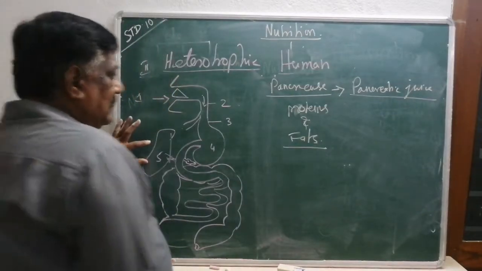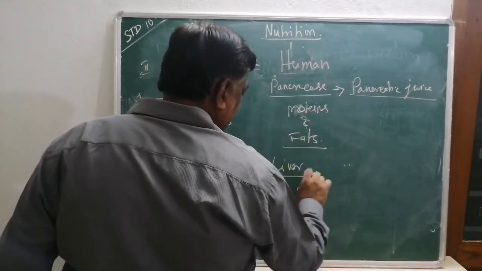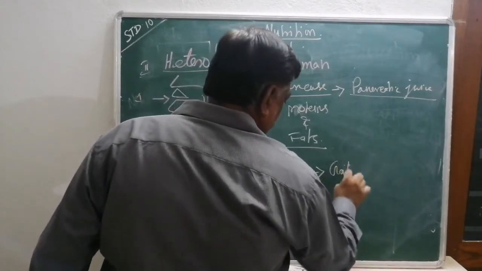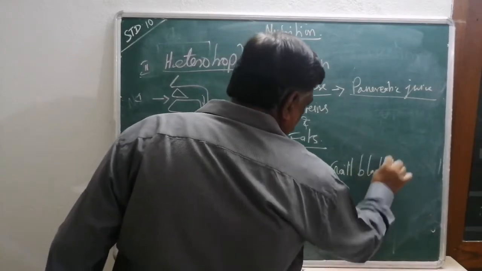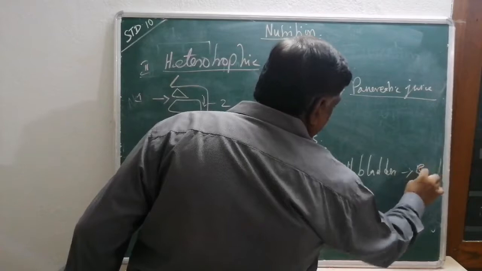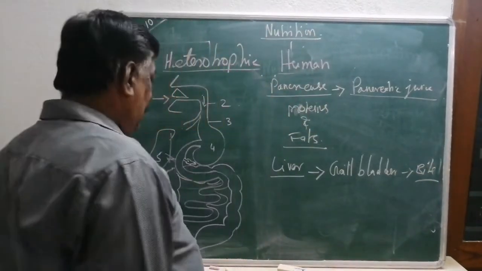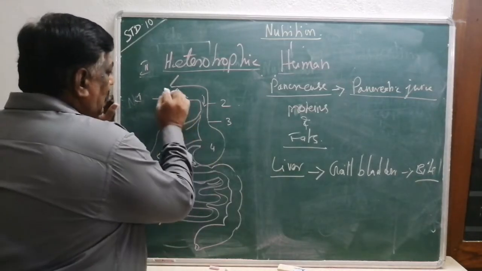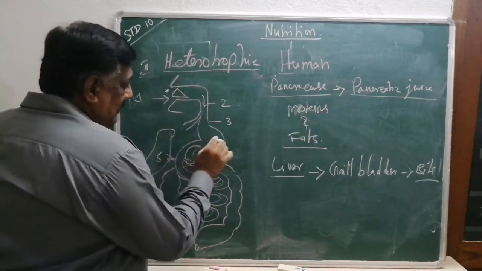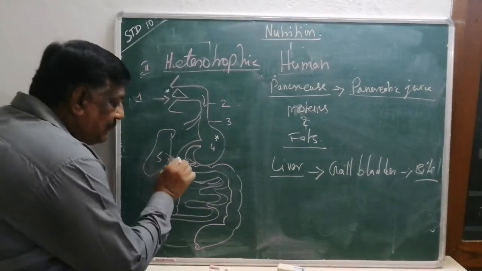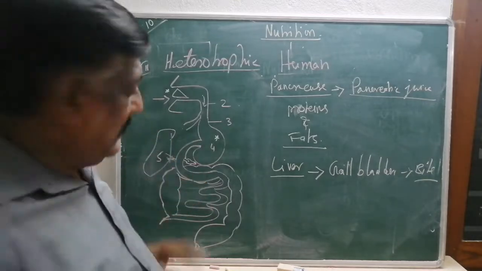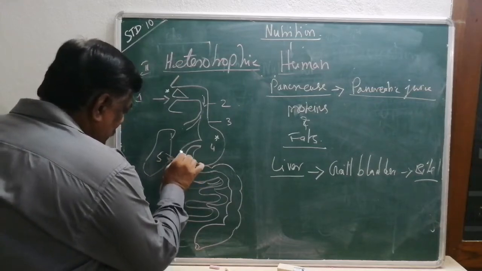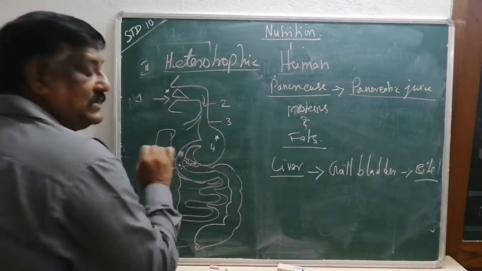Okay, and the liver is a major gland whose secretions are stored in the gallbladder, and that is nothing but bile juice, bile. And this bile does a major work. So the carbohydrate digestion started earlier, the protein digestion started in the stomach, and the fat digestion has not yet started. Once it crosses this region, the fat digestion starts.